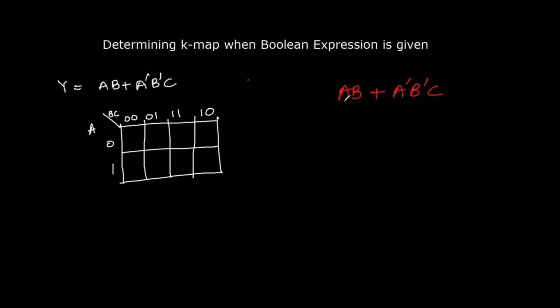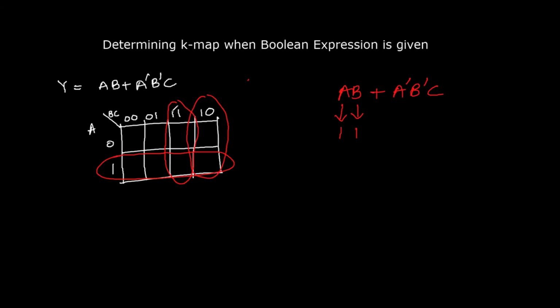In this case, our first particular combination, A is 1, B is 1. Where do we have A 1 and B 1? You have A being 1 in this row, and you have B being 1 in this particular column as well as this particular column, right?